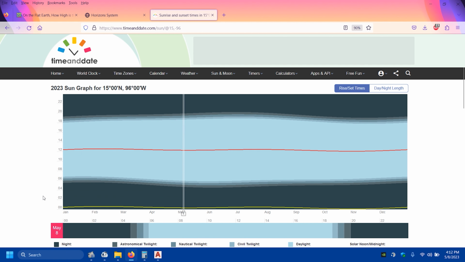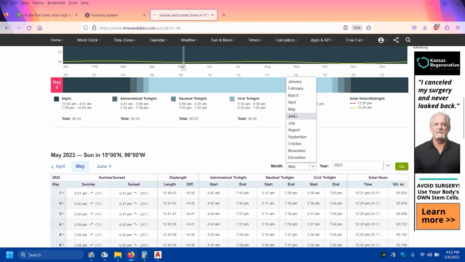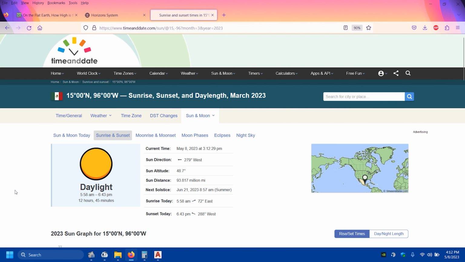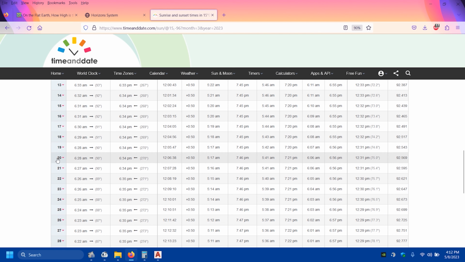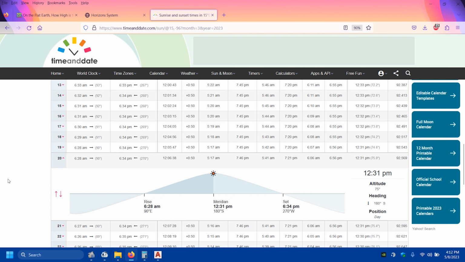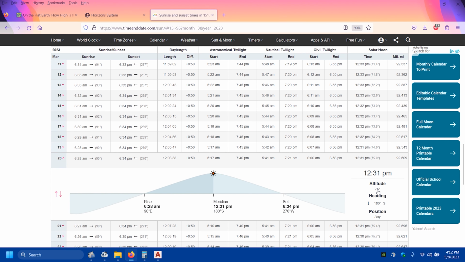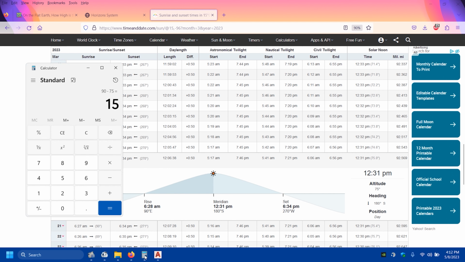Boom. Alright, so March 20th, it's at 75 degrees, the sun's altitude. So you take 90 minus 15 equals 75. And those are the measurements I will show.